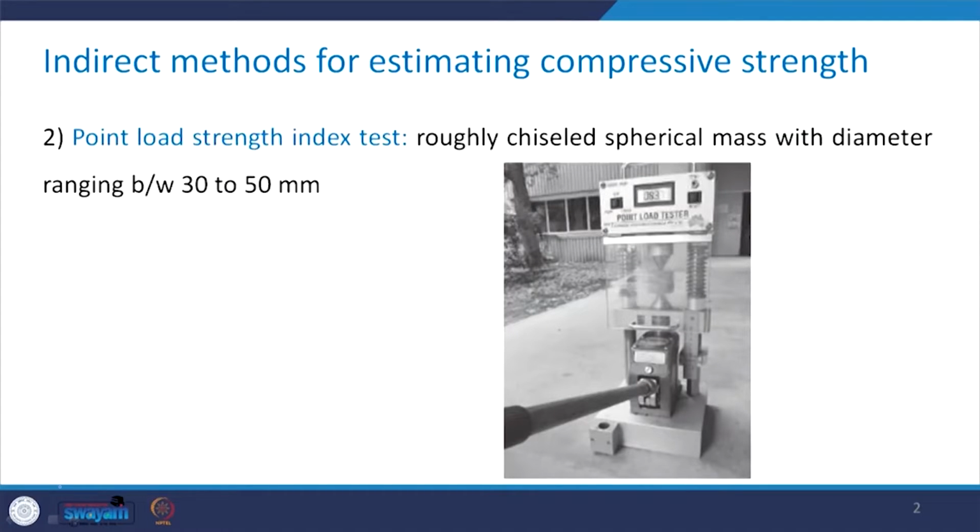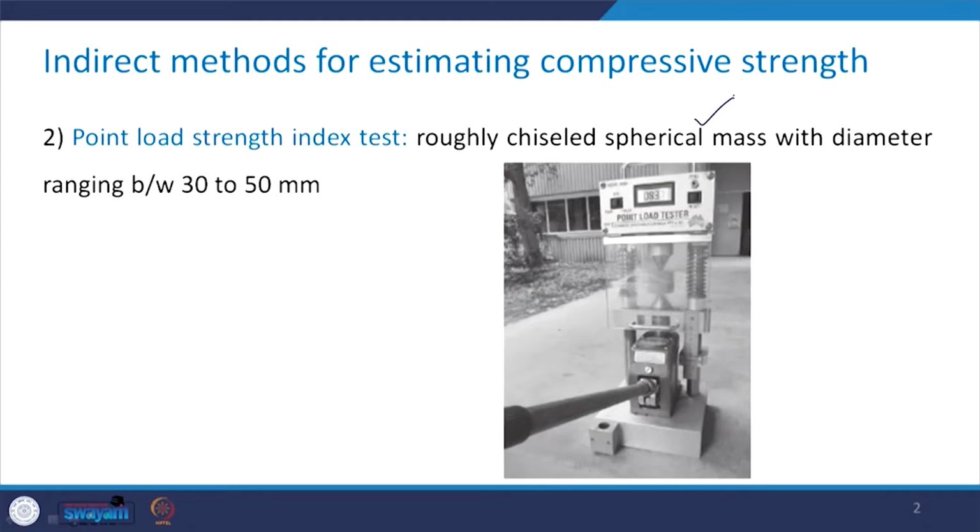In this case, we take a roughly chiseled spherical mass with the diameter ranging between 30 to 50 mm. Please do not get confused that on one hand I say it is the irregular specimen, and right now I am saying it to be a spherical mass.